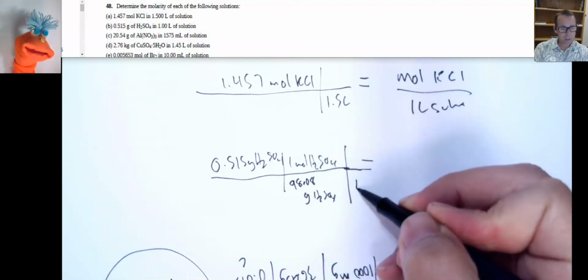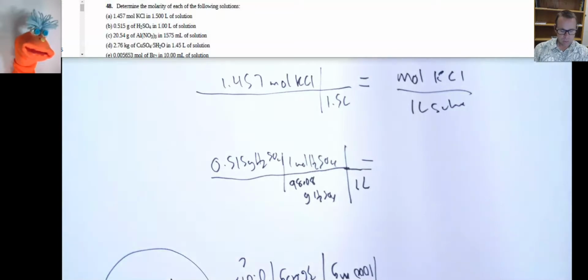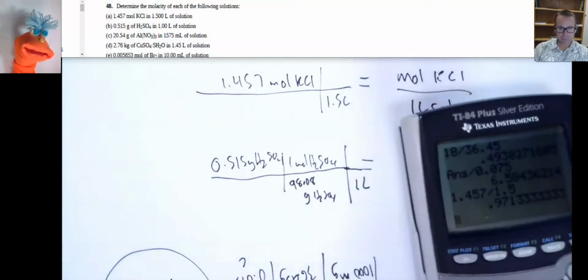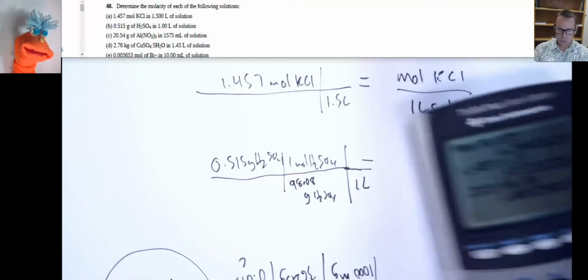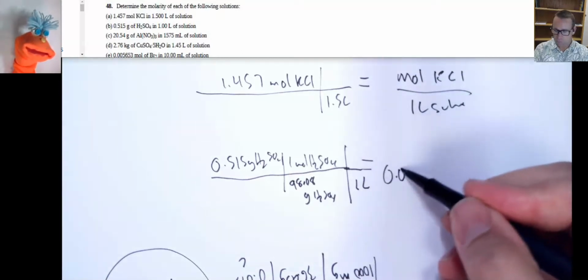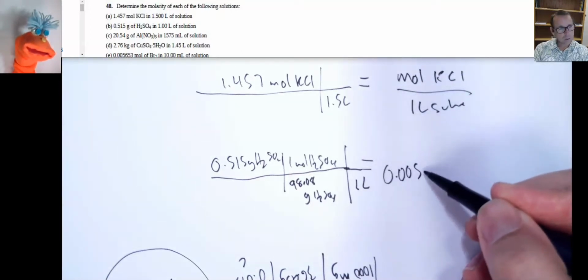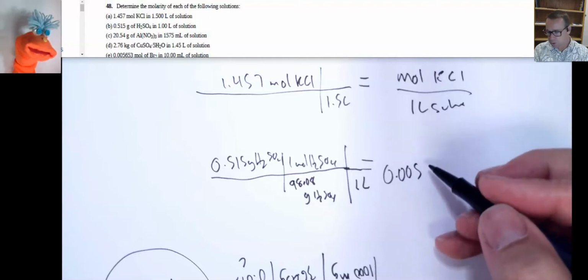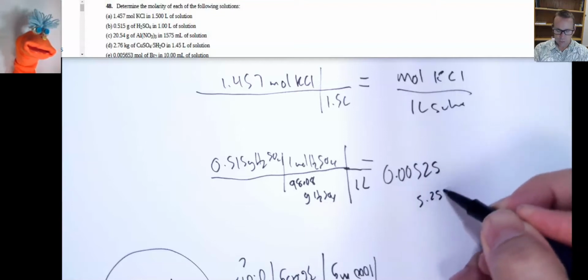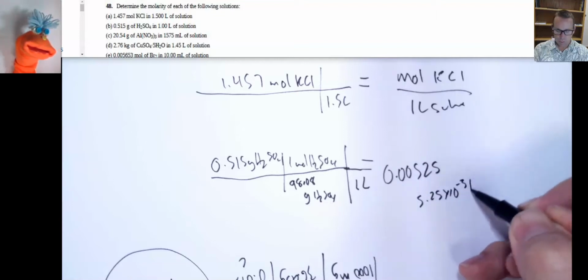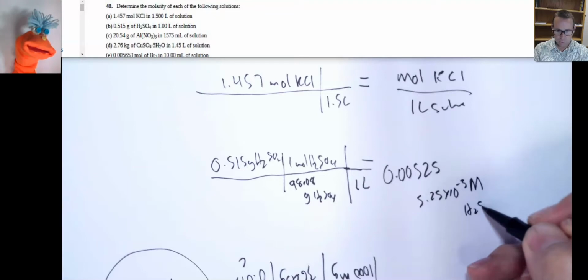And then I need the liters down here, 1 liter. So it's 0.515 divided by 98.08 divided by 1, so it's 0.005. 3 significant digits? Yeah, 0.00525, or 5.25 times 10 to the minus 3 molar H2SO4.